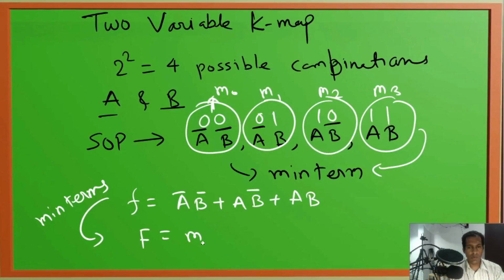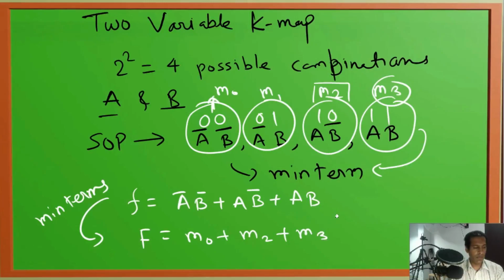So here we have m0, then A B bar is m2 and A B is m3. So like this we can write them.